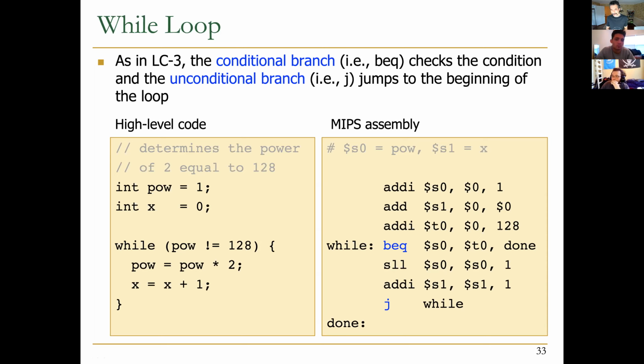Hopefully you know that from previous courses. So you shift 1 to multiply by 2, and you store it to S0. S0 again was this power, and then you add 1 to X. Here you use add immediate, and then you want to go back to the while.